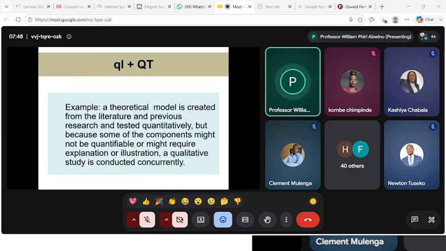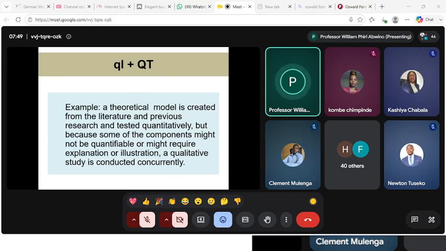Let's get to the next one, the QL in small letters, the QL plus the QT. An example: a theoretical model is created from the literature and previous research and tested quantitatively.